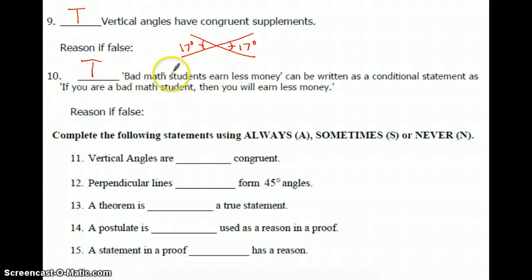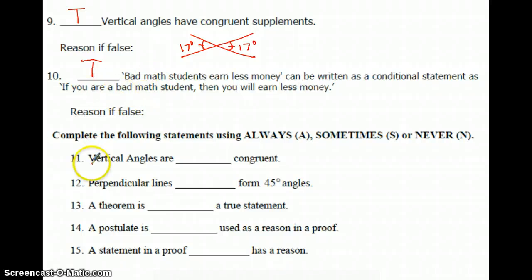But this one is saying bad math students earn less money. It's a statement about bad math students. So I think that kind of cements the fact that the bad math is in the if section of this statement. I wouldn't lose too much sleep over these. I'd just read them like you'd say them and think about how people talk and which thing came first, and that's the part that goes with if.